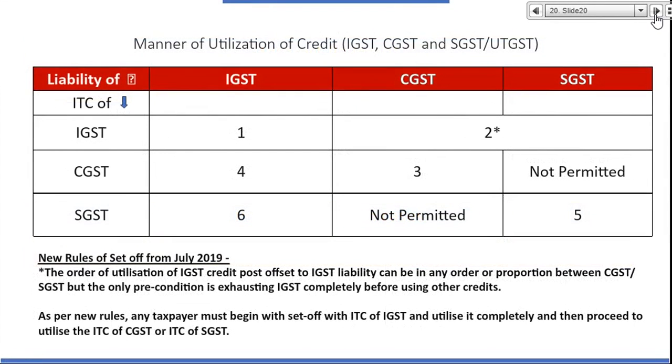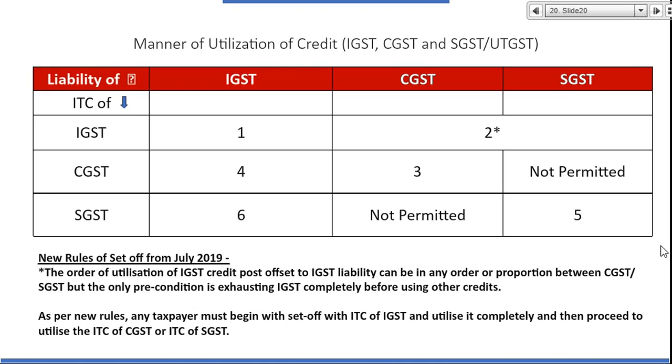Next, how will I utilize my input credit? So I have a balance lying in IGST, CGST, SGST. I have a liability for IGST, CGST, SGST. So left hand side is liability, right hand side is tax. If I have ITC of IGST, I'll first use it for payment of IGST liability, and then I'll use CGST or SGST, right?